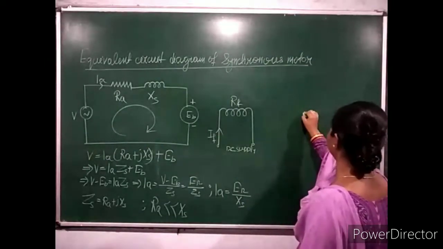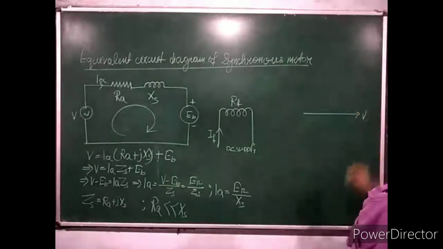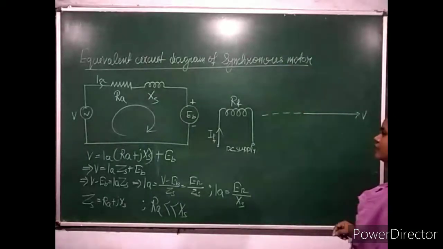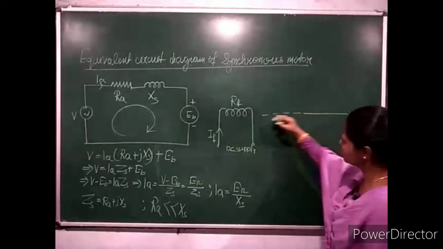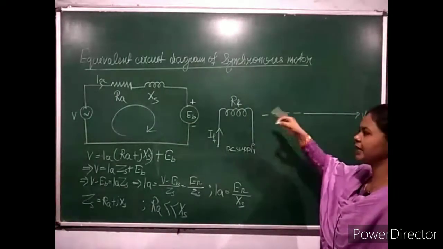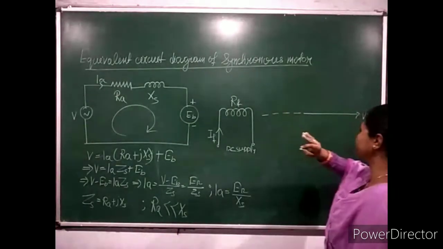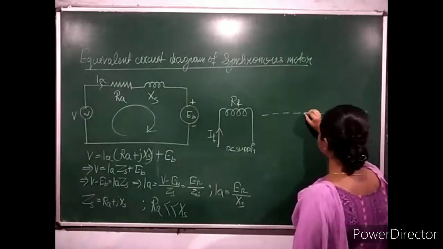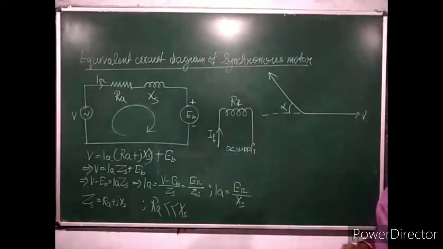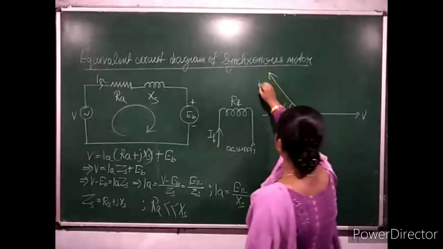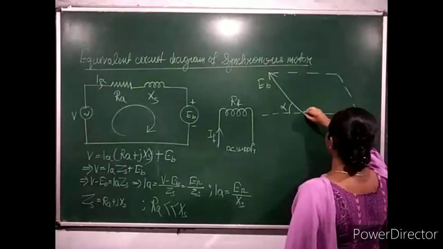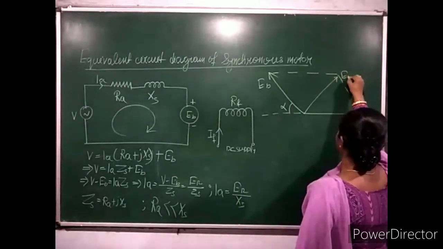So I take the voltage as reference. For normal condition, Eb is in the same phase with V but opposite to it. But in practice this does not actually happen. It lags the voltage V by some angle alpha, called the power angle. This is Eb, and the resultant voltage is ER.